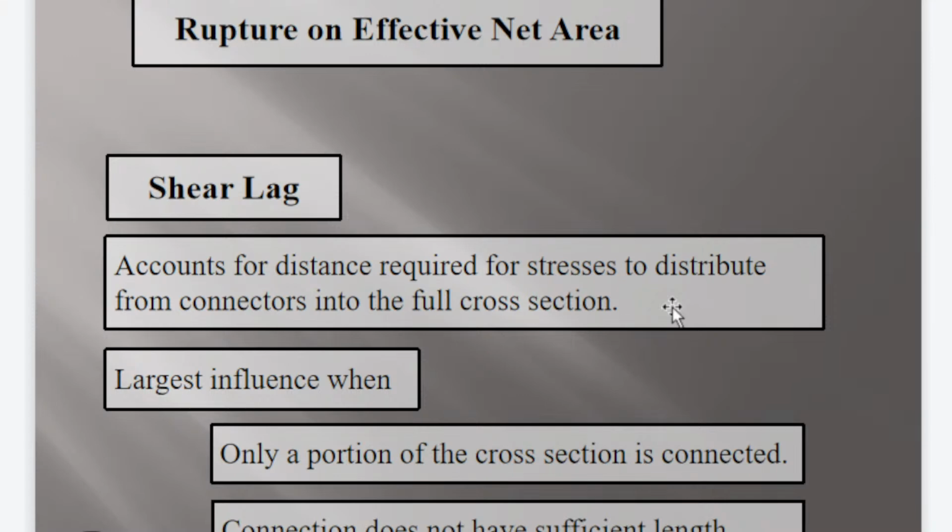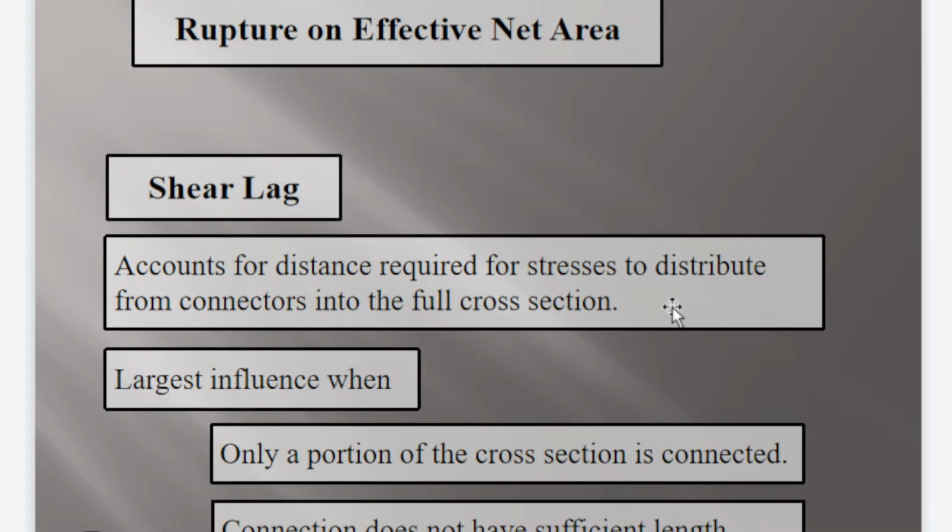It has the largest influence when only a portion of the cross-section is connected and the connection does not have sufficient length.